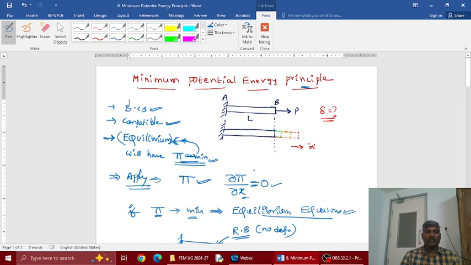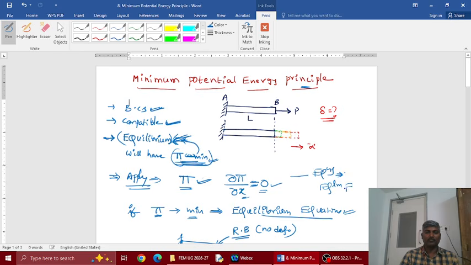I repeat the principle once again: of all configurations that a system can have which satisfy boundary conditions and compatibility conditions, the configuration which satisfies equilibrium also will have minimum potential energy. That is the principle in its form. But when you apply it, you apply it in a reverse way. We apply the pi minimum condition, then we get the equations to solve.